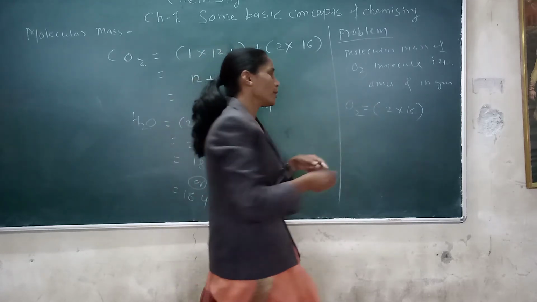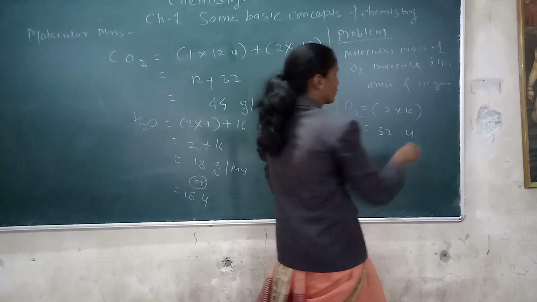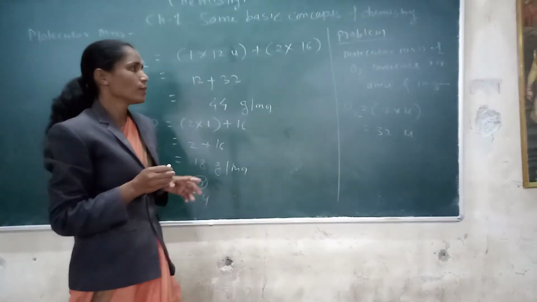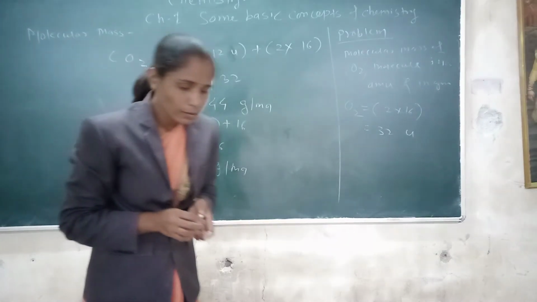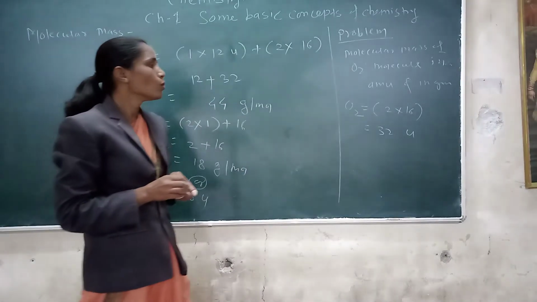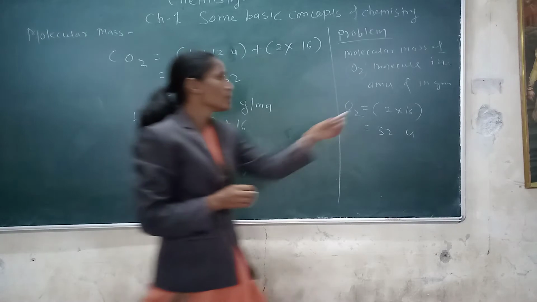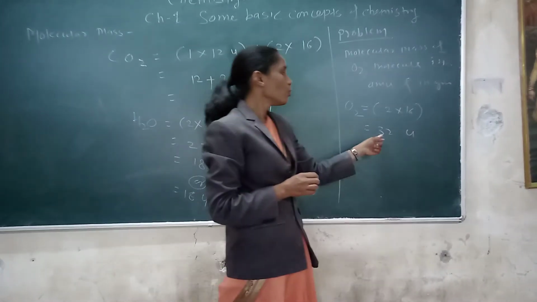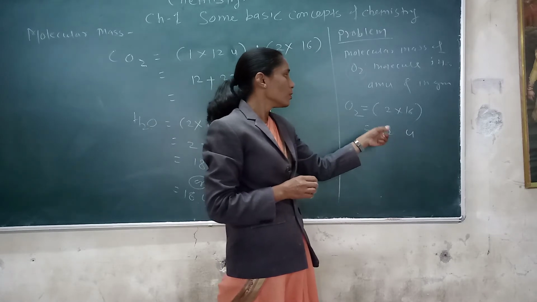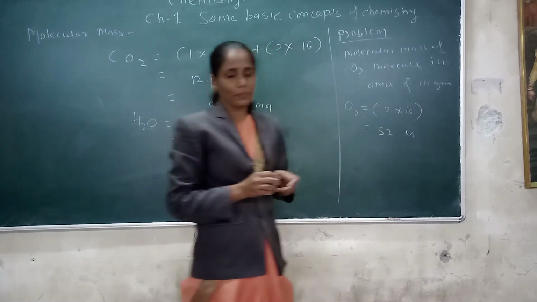Therefore 2 into 16 means 32 unit is the molecular mass of the O2 molecule. Then we calculate the value in gram. Second calculation is in gram: 32 unit shifted to gram.